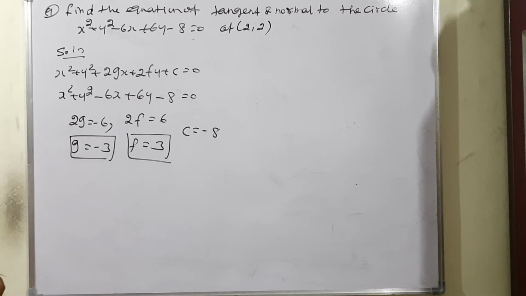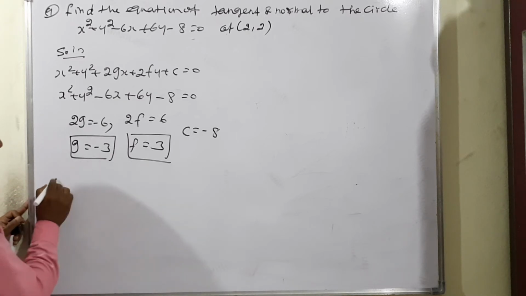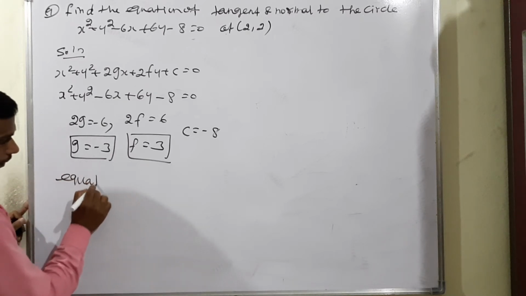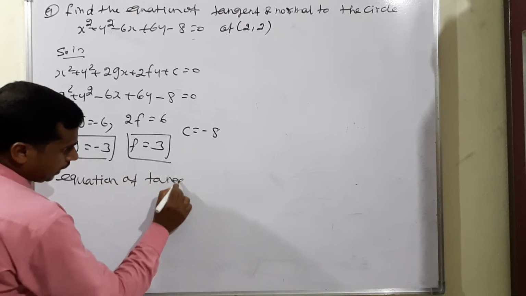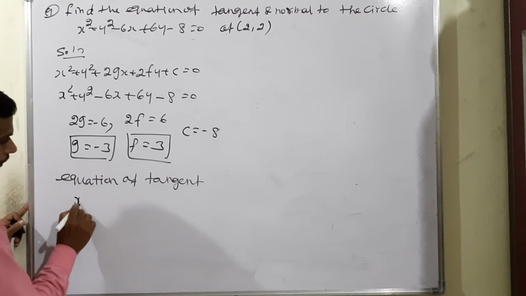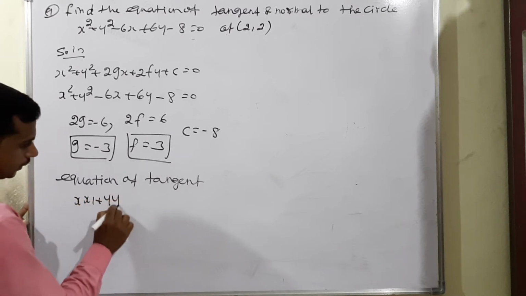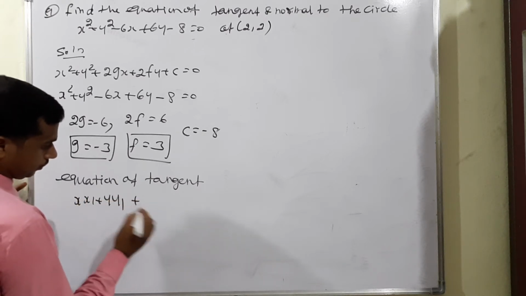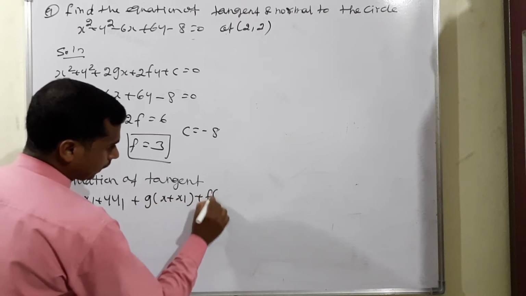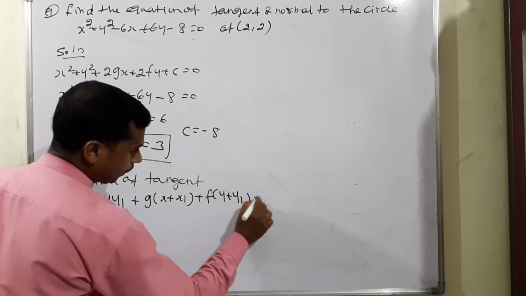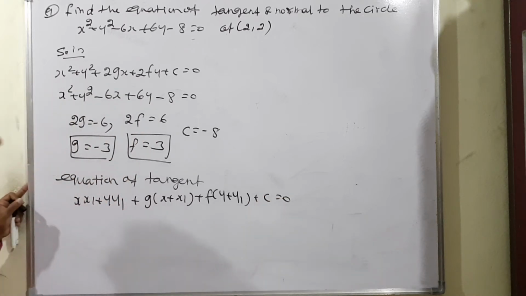So what do we have to do? First, find the equation of tangent. The equation of tangent formula is x(x1) plus y(y1) plus g into x plus x1 plus f into y plus y1 plus c is equal to 0.